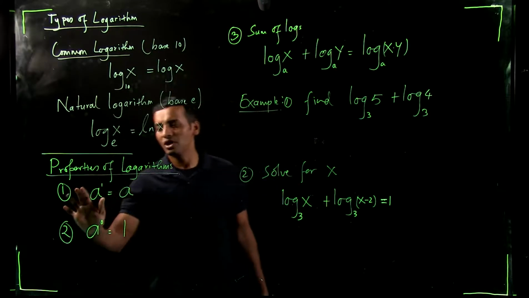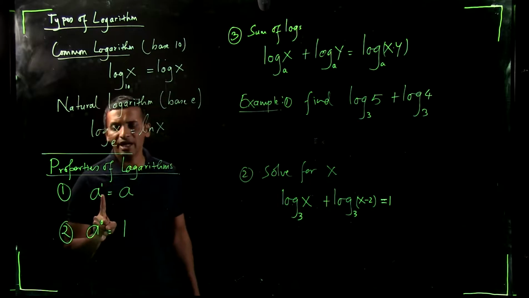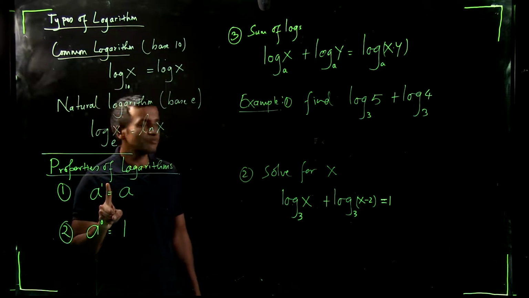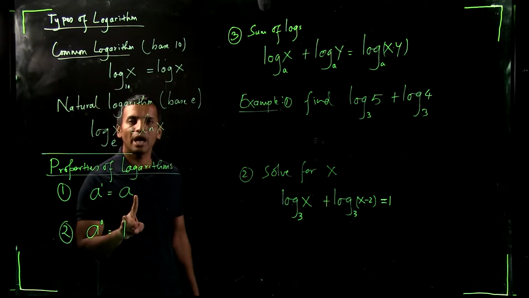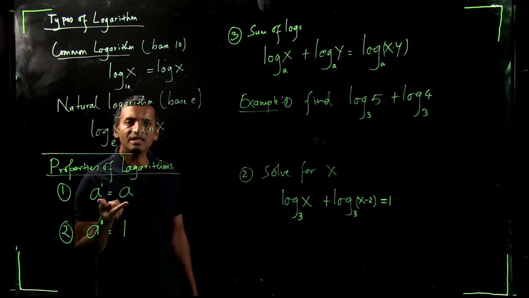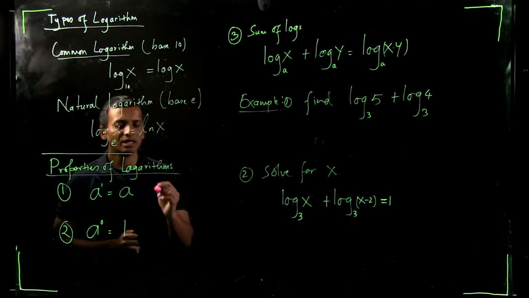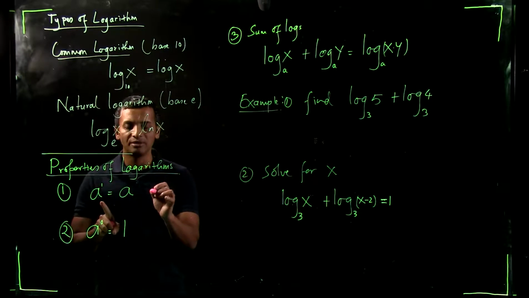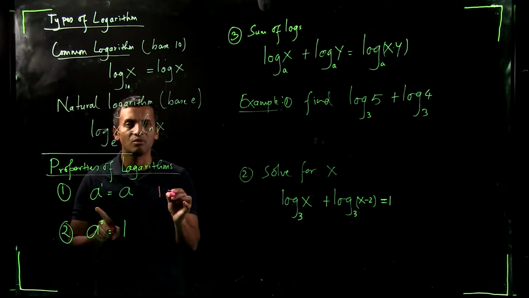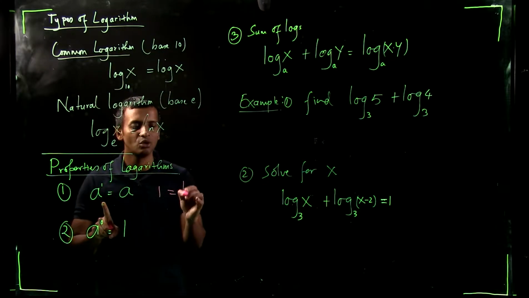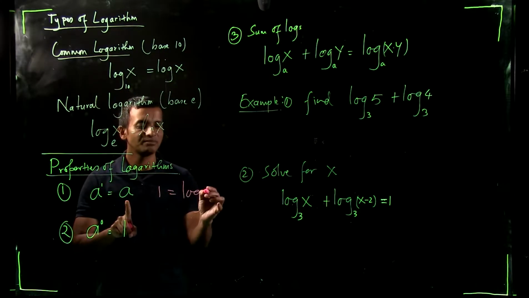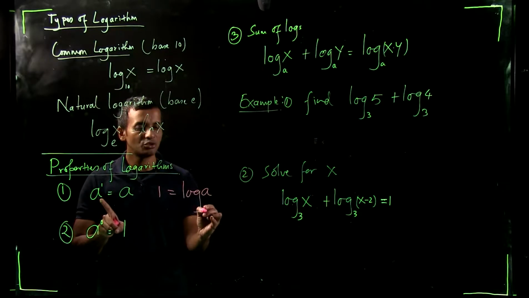The first property is, we know that a raised to 1 is equal to a. Can you write this using log? To write it in terms of the log, you write the exponent equals to log of the other side, and the base goes to the base.